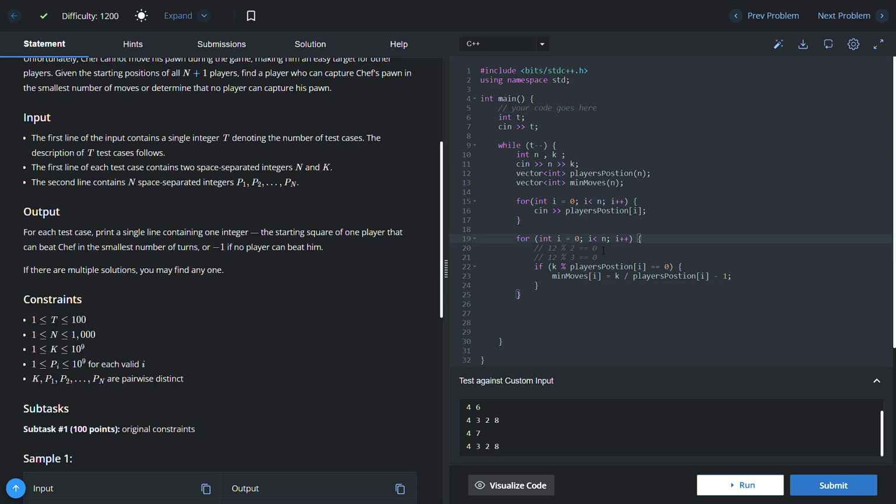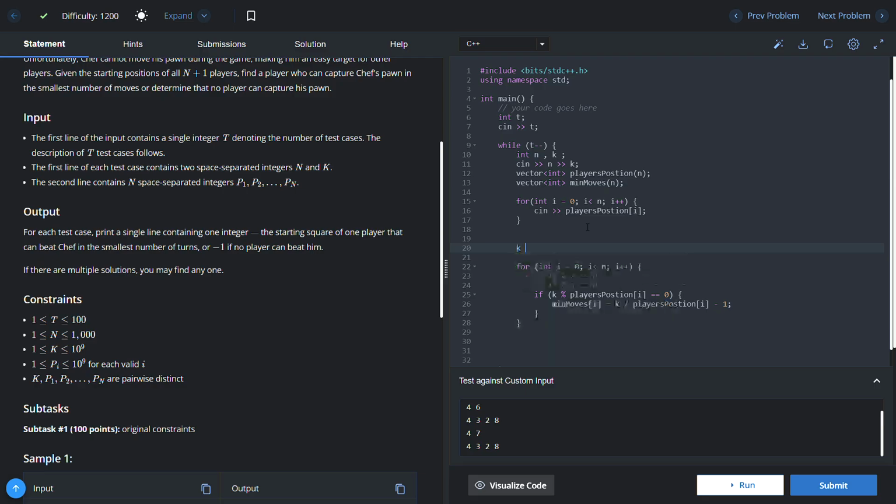Now it is also possible that if chef's paw is at position 1, at square 1, right, and players are at position something like 4, and one player is at 7, one player is 8, right?